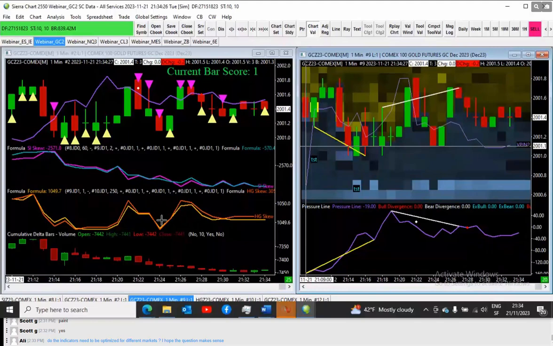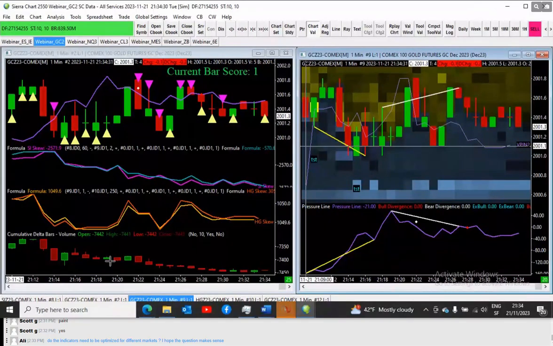Basically, the indicator looks for some divergence between them, and also takes into account cumulative delta on the bottom here, as well as this line that you hopefully see in purple, the pressure line, which is one of the Often indicators, like a momentum indicator.